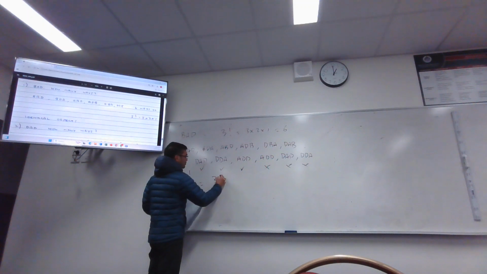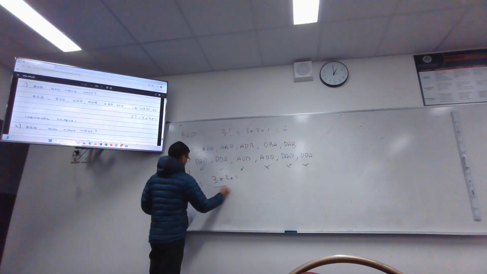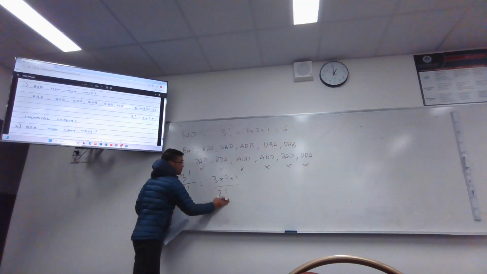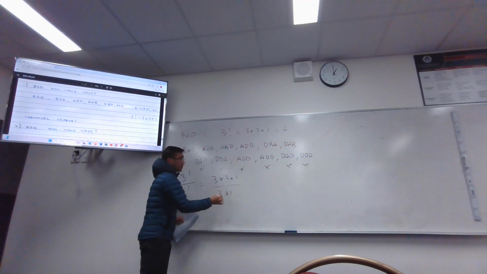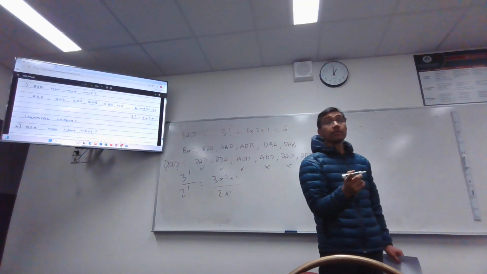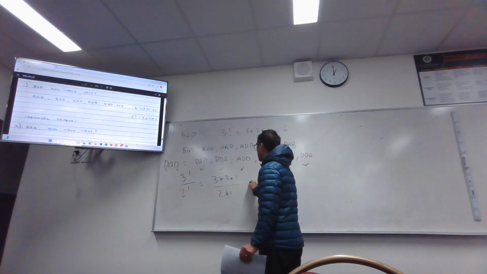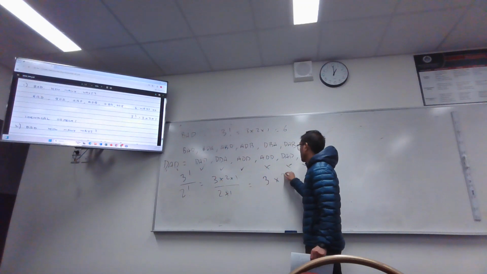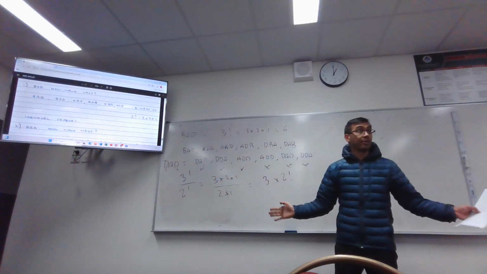3 factorial over 2 factorial. The other way. It's really important. This might save you time. Bit of a hack. 3 factorial is the same as 3 times 2 factorial. Are we okay with that?